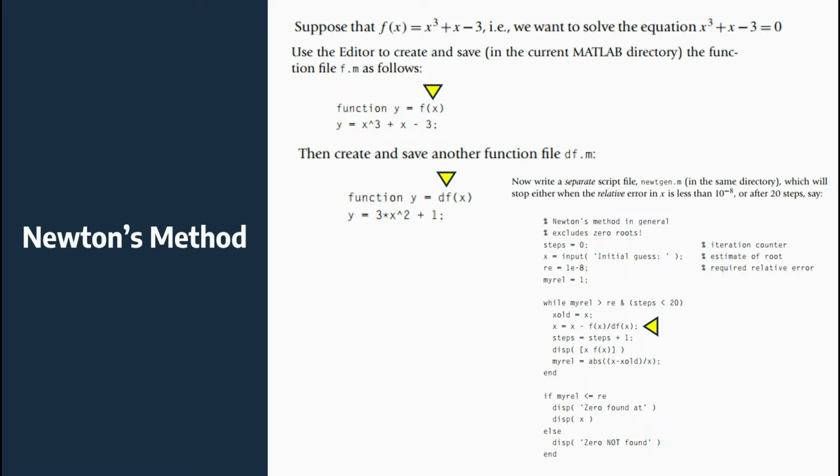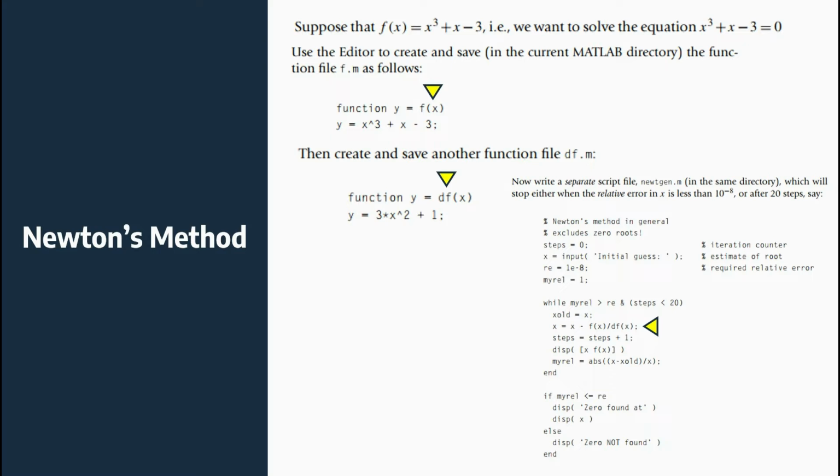Go to a new editor space for a function that we call df.m, which is the derivative of f. If you don't know differentiation, it's the opposite of integration, where the derivative of x^3 + x - 3 is 3x^2 + 1. So we say function y = df(x).